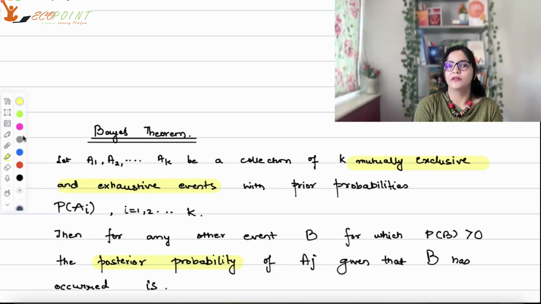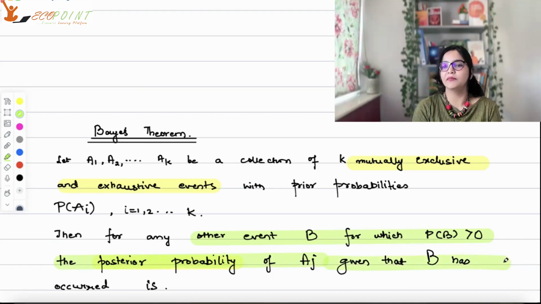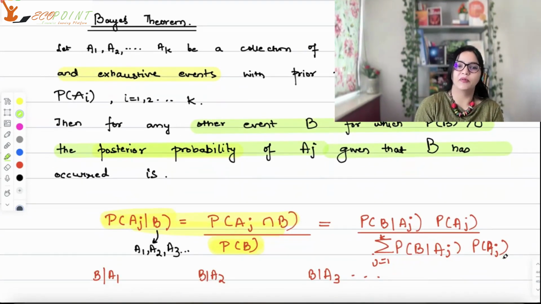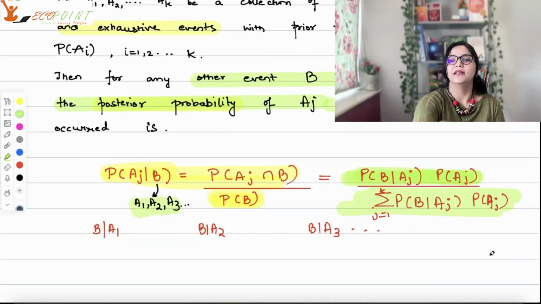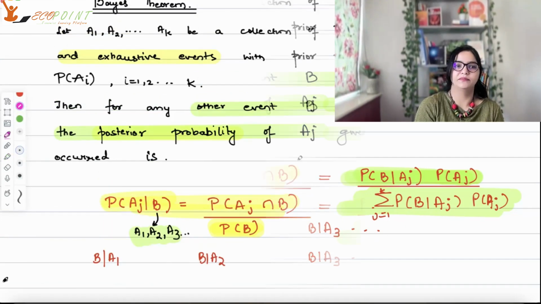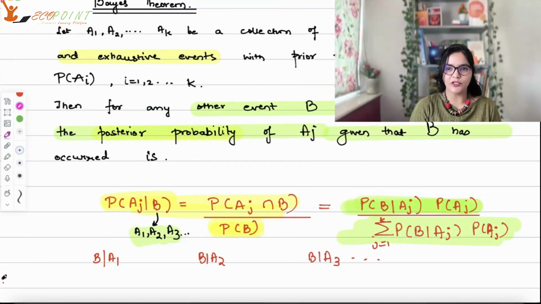Then for other event B for which probability B is strictly greater than 0, the posterior probability of AJ given that B has occurred is probability AJ given B. Now, B, since it could be achieved through A1, A2, so on and so forth, it will be probability B given AJ into probability AJ upon the sum of all such probabilities, like what we did in our example. So this is what I wanted to discuss in this lecture.